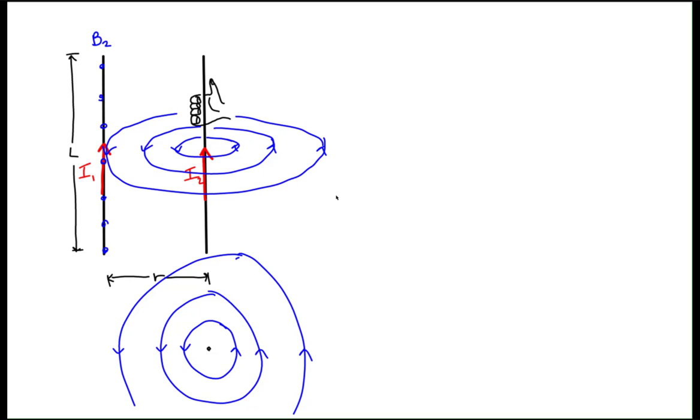Now notice that the current direction is straight up. So that's the direction of our displacement differential. And the magnetic field is coming straight towards us.